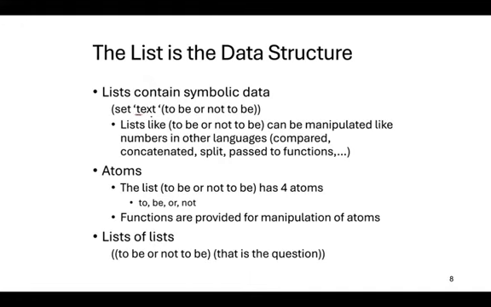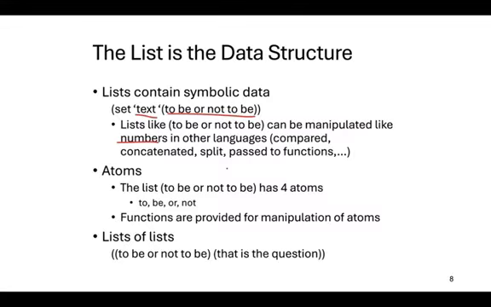Now going back to the list, it contains symbolic data. We can, for example, assign a text here, a long text such as "to be or not to be". Lists like these can be manipulated like numbers in other languages. They can be compared, concatenated, split, and passed to functions. You can work with them the way you treat regular numeric values in other languages.